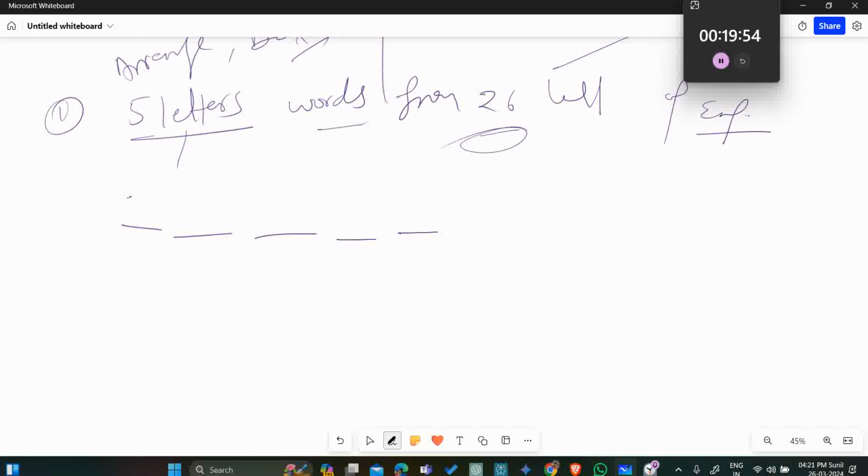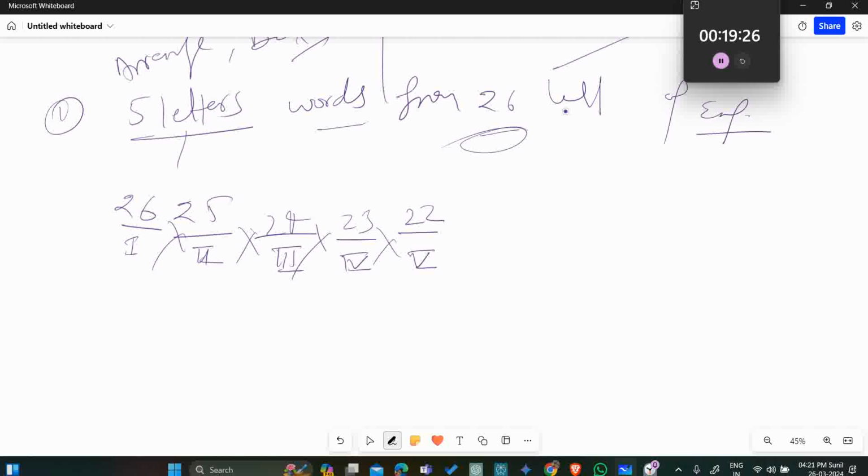So the first place can be filled in any of 26 ways. Then 25 ways for second, 24 ways for third, 23 for fourth, and 22 ways for fifth position. This is first, second, third, fourth, and fifth.